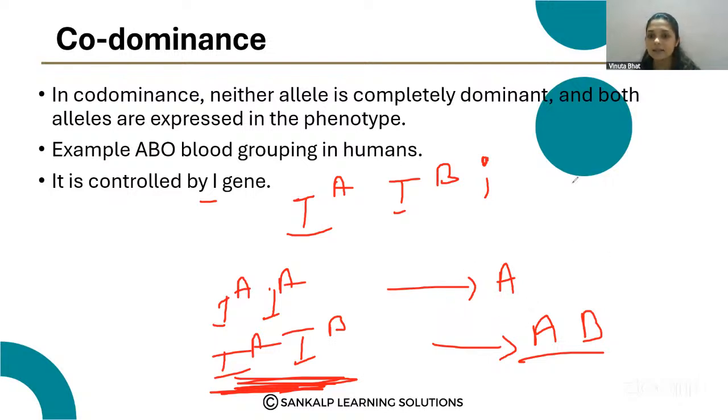Then, if IA and small i are present, then the blood group is A because small i is recessive.